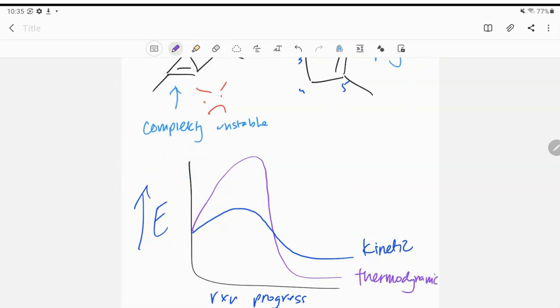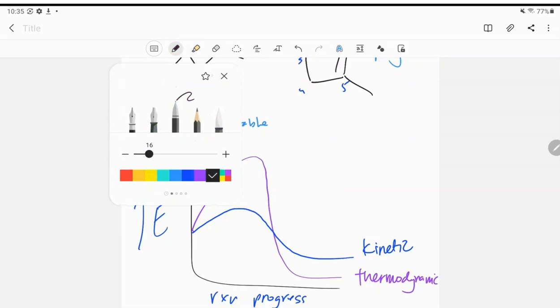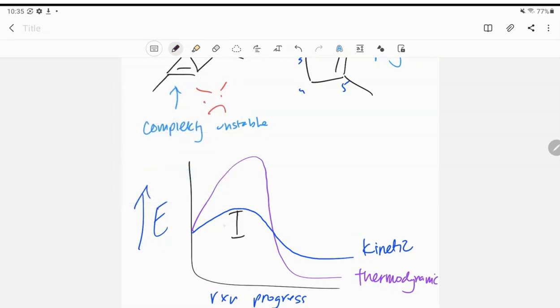So our kinetic one has a lower activation energy barrier to overcome versus our thermodynamic one. These are just generic, there's no numbers involved here, but that means the kinetic one, the intermediate, is formed faster because more molecules will have sufficient energy to overcome that activation energy. And so it can go ahead and react.